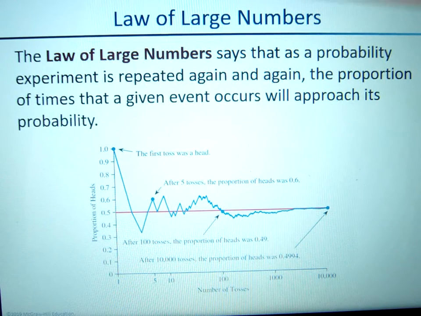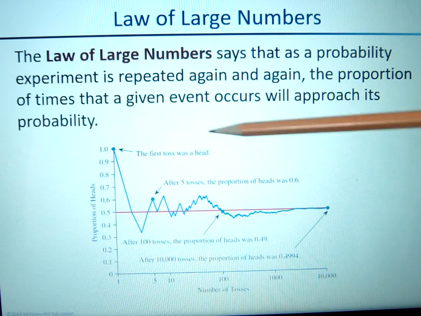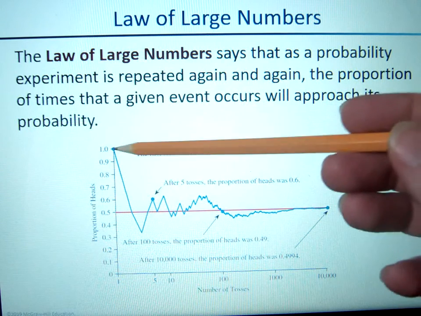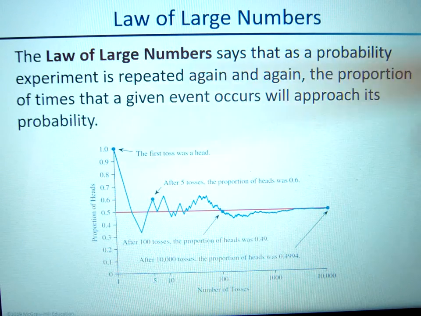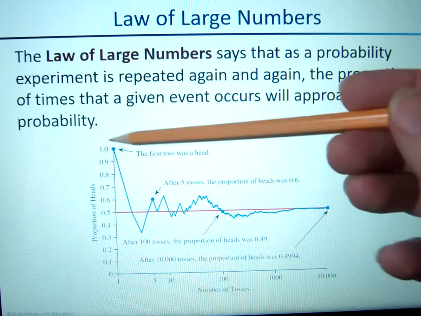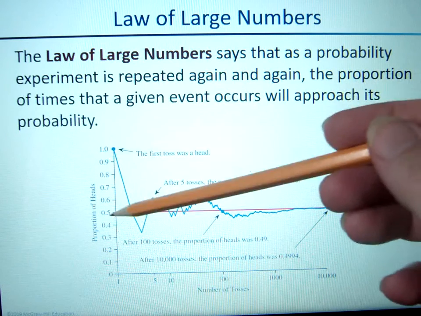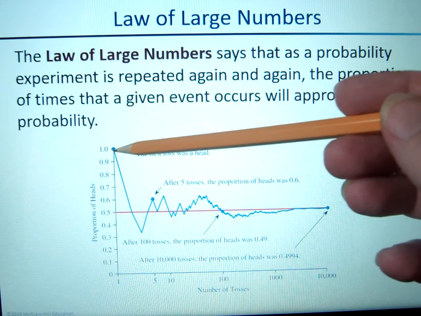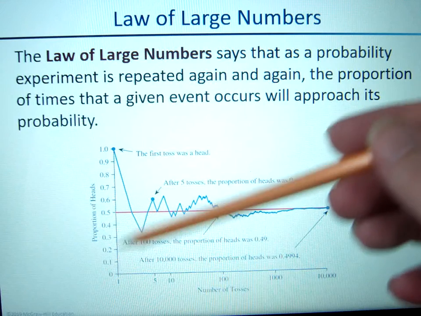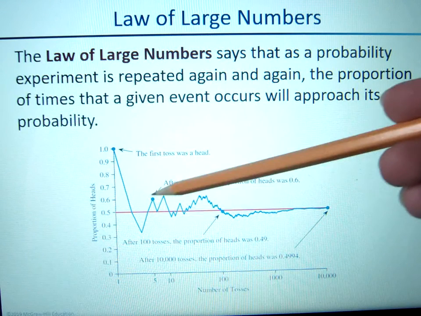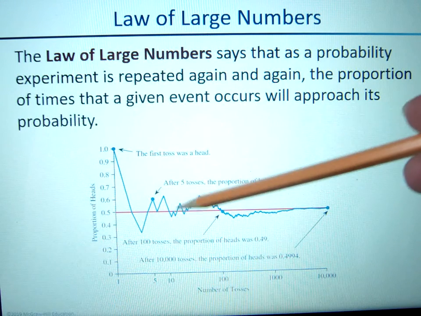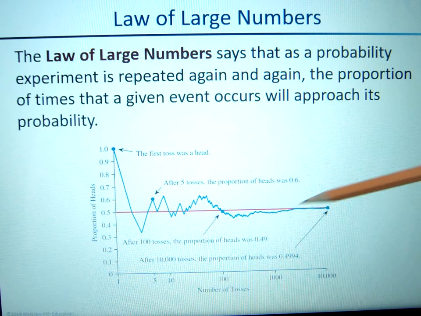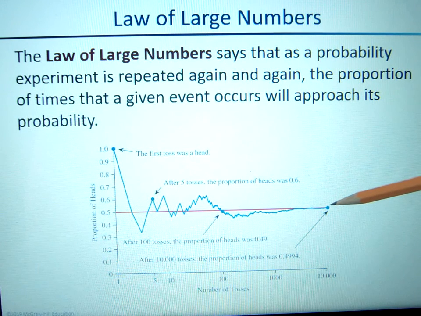Now, I really like this graph. This is an example of tossing a coin. This is heads, this is tails. So the proportion of getting heads would be 1 if you did it once and you actually got heads. And then as you continue to flip it a number of times, you can see that it will get closer and closer to the probability of 1/2 in the end.